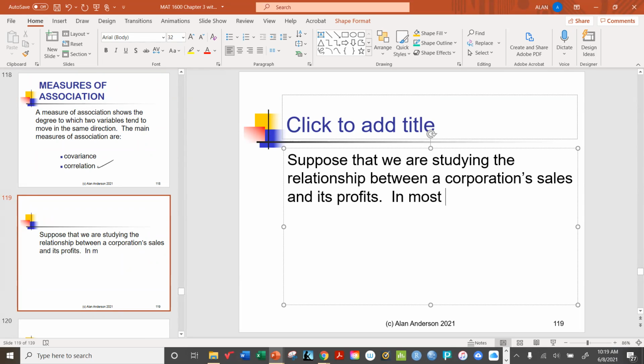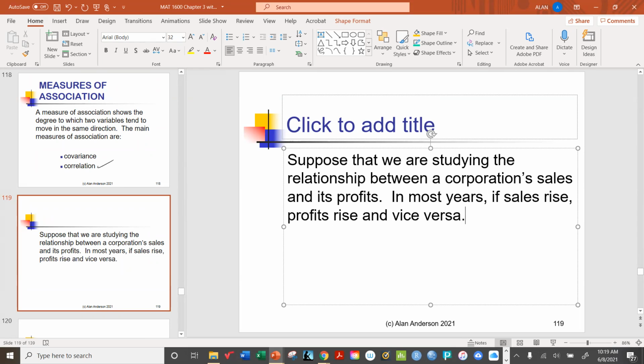In most years, if sales rise, profits rise, and vice versa. Because obviously the higher your sales are, most likely your profits will go up. It isn't always the same amount, and it isn't always true. But most of the time, when sales go up, profits will go up as well.